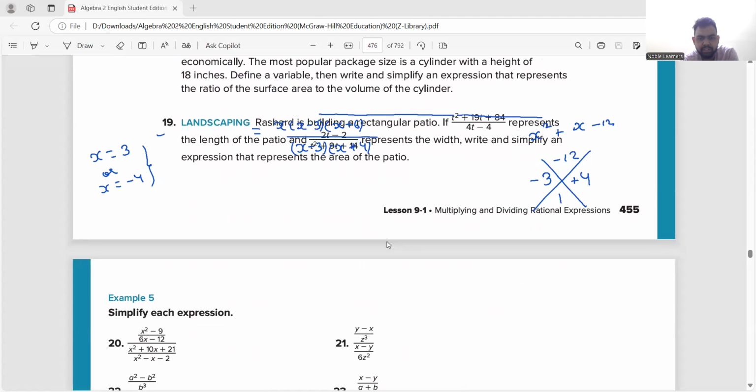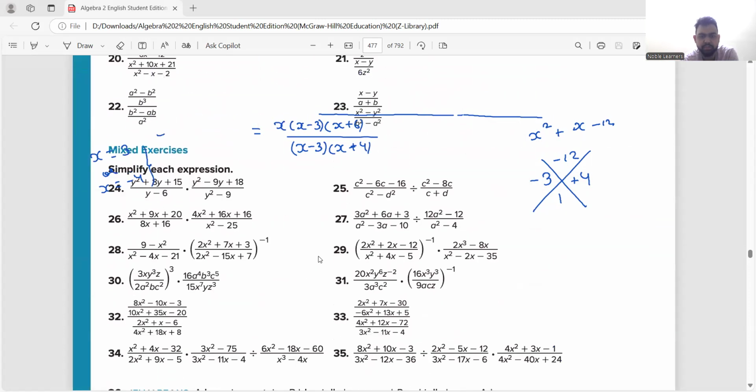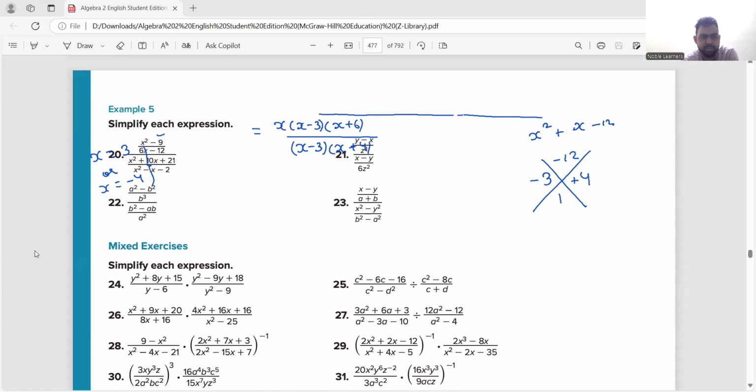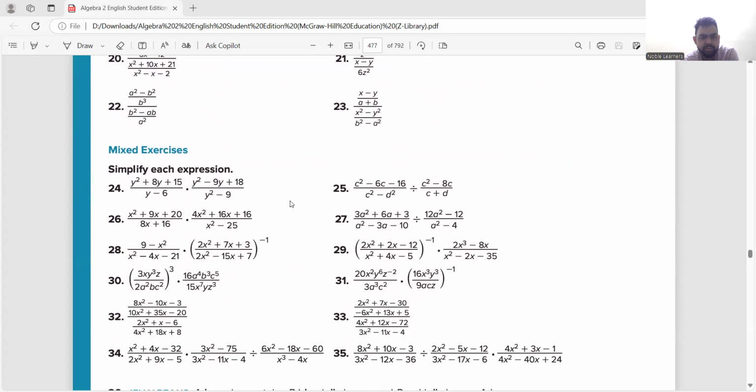I think you know the division also. Yeah, these kinds of questions we were doing in the last class. I remember. Same thing it is. Now let us try this one, please. This is what we learned in the last class. We have to simplify that.